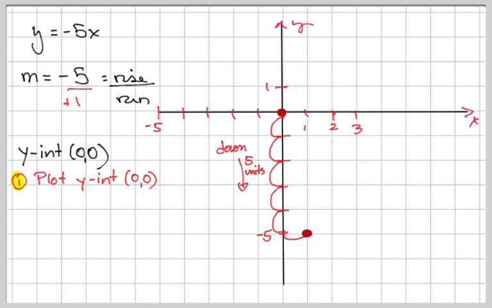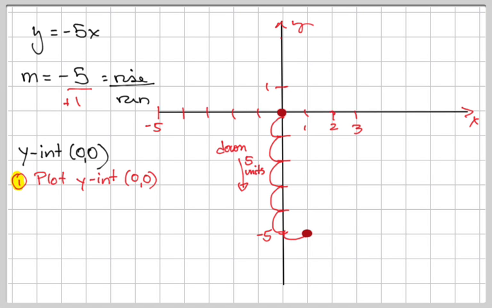Now you can connect the dots. Now I don't have enough room. I could have gone up +5, but there's not enough room. If I go up +5, where do I have to run to? Negative direction. One of them has to be negative. I keep the numerator negative.